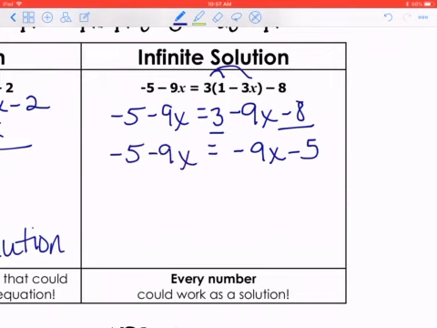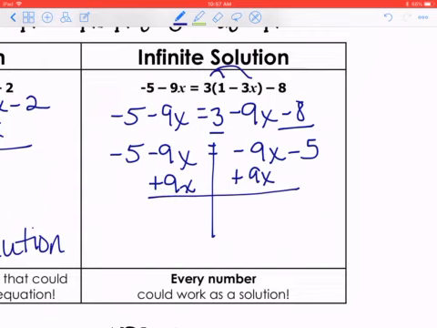And I'm sure right now you're noticing this is really similar, just written backwards. We have negative 5 minus 9x, and then negative 9x subtract 5, which is really the exact same thing. But I'm still going to keep solving. So I would add 9x to get my variables on one side. Again, this becomes nothing, and we're left with negative 5 equals negative 5.